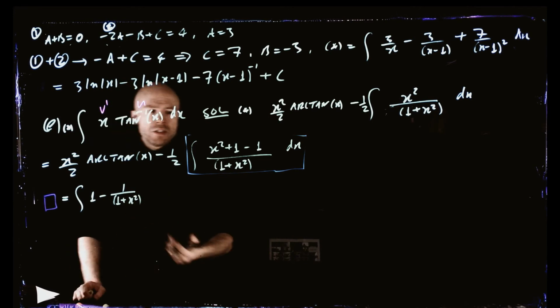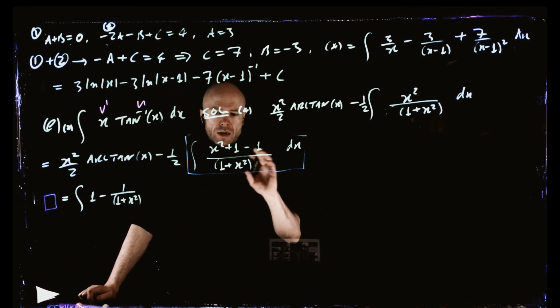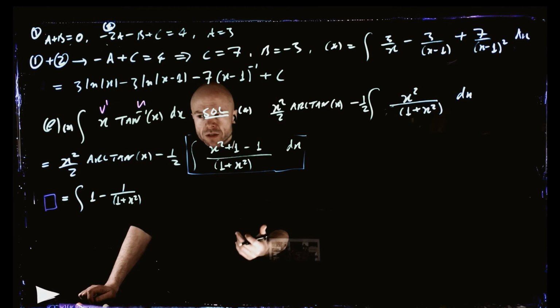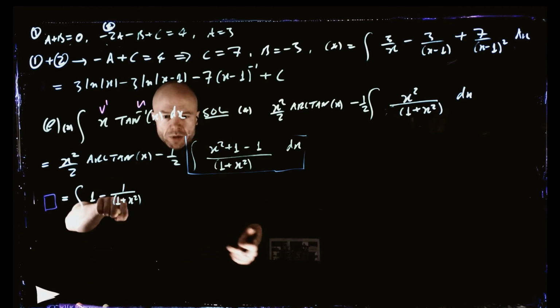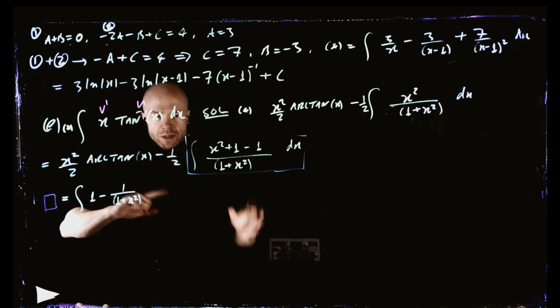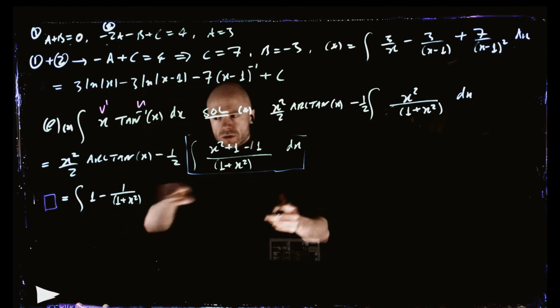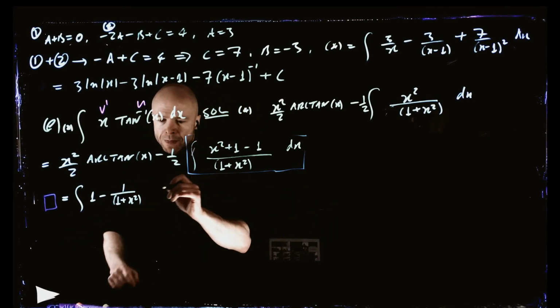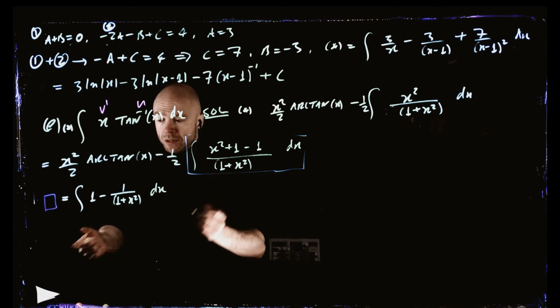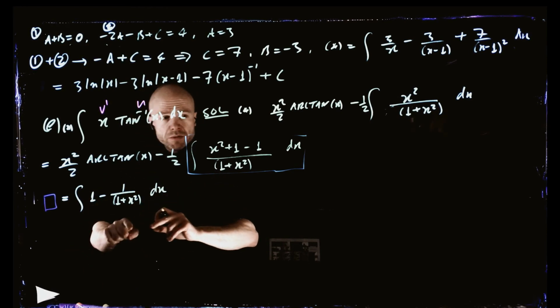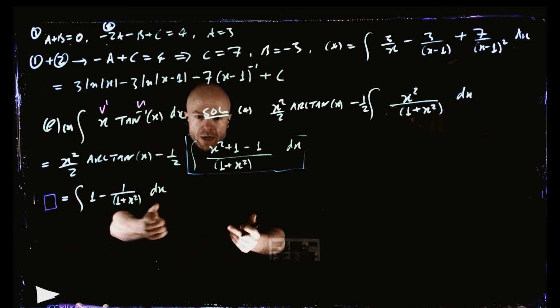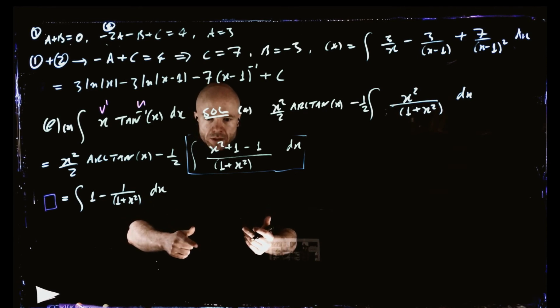What we just did was a quick way to do long division, because now we have a polynomial plus a rational function, right? So we did a quick long division to put it in the form that we like. And this guy we really do like because we know what the antiderivative of 1 over 1 plus x squared is. Yeah, because we just talked about it.